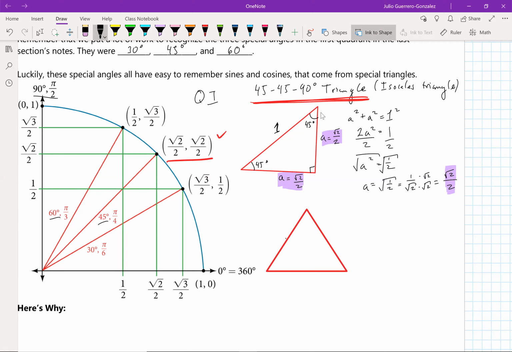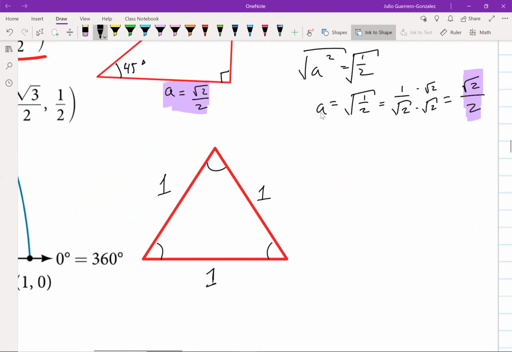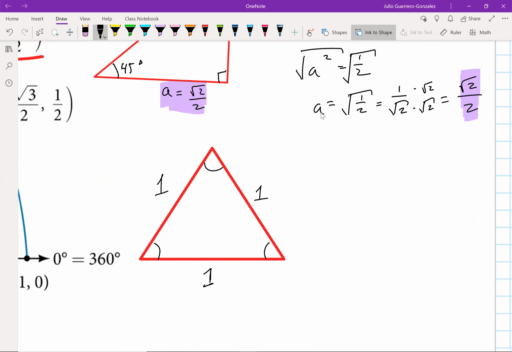Okay, an equilateral means all three of these sides are exactly equal. I'm going to make all three sides equal to 1. Okay, and an equilateral triangle, the other nice thing about it is all the angles are 60 degrees.